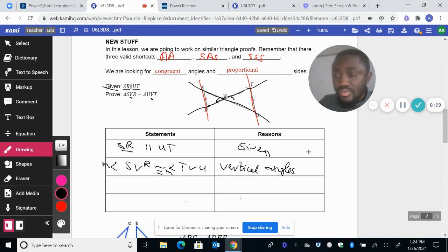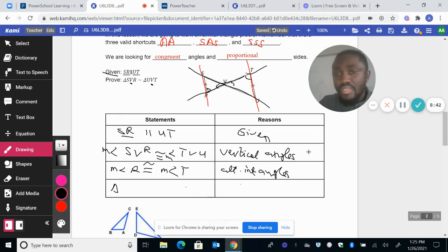We can also see the measure of angle R is congruent to the measure of angle T, because these are alternate interior angles, and alternate interior angles are always congruent.